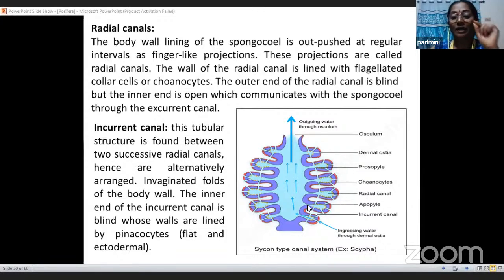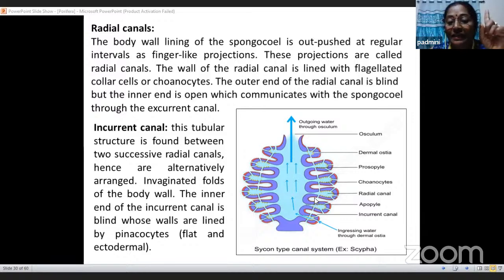So water, understood this? Radial canal, incurrent canal, prosopyles, apopyles, and excurrent canal. So you have to understand all this canal system. Fine. Let me tell you once again. The outgrowth is the radial canal. So this is a radial canal. And after the radial canal, the inside is like this, pushing towards the outside, the outer environment.